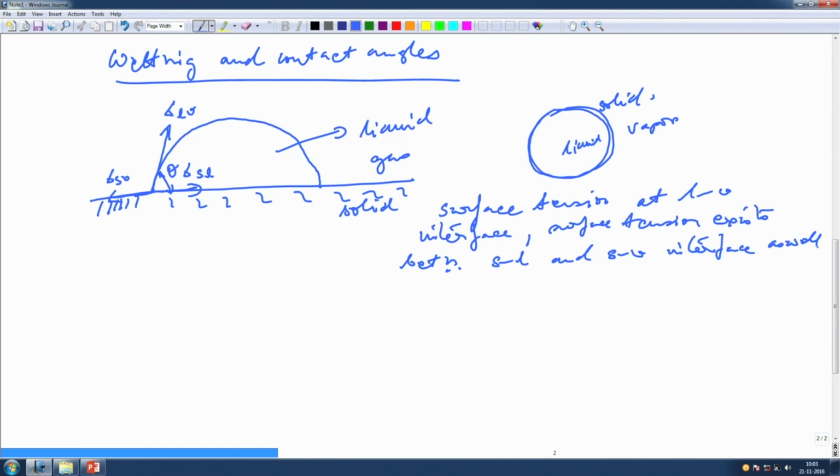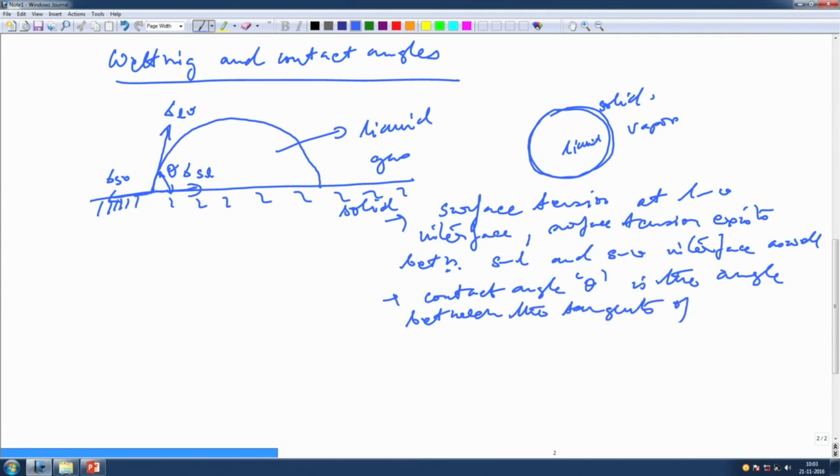Now, the contact angle theta is the angle between the tangents of SL and LV interfaces.